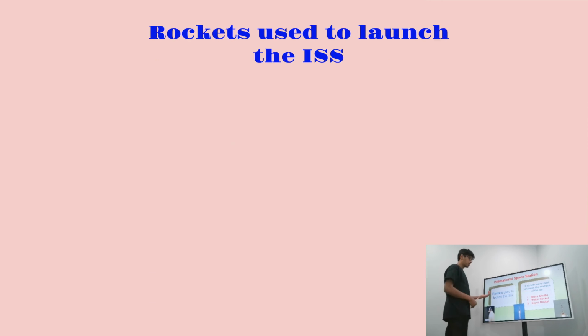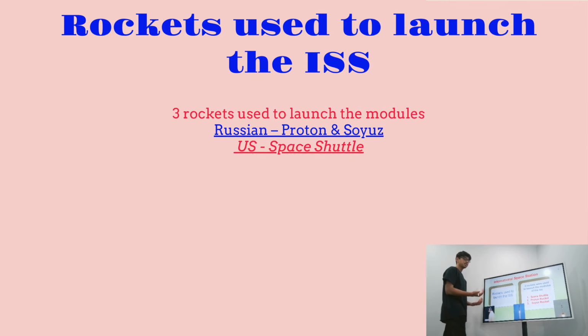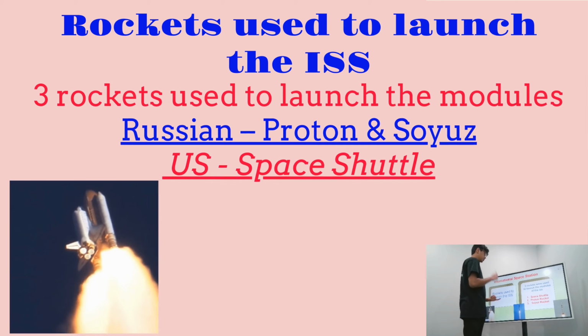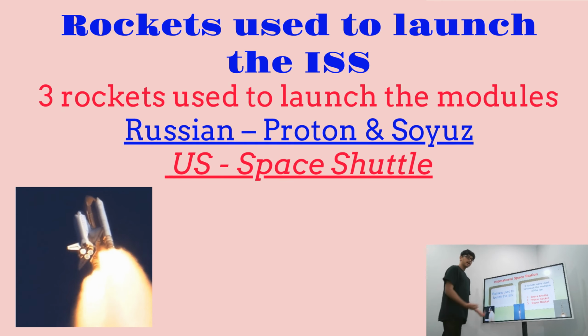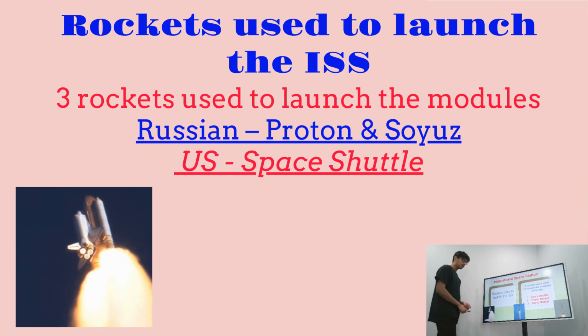So now let's cover the rockets used to launch the ISS. You might be wondering, how did all the parts of the ISS get to space? The major ways were by three rockets. The first was the space shuttle. Right now the space shuttle is not being used anymore, but it was one of the rockets that helped launch some of the modules of the ISS.